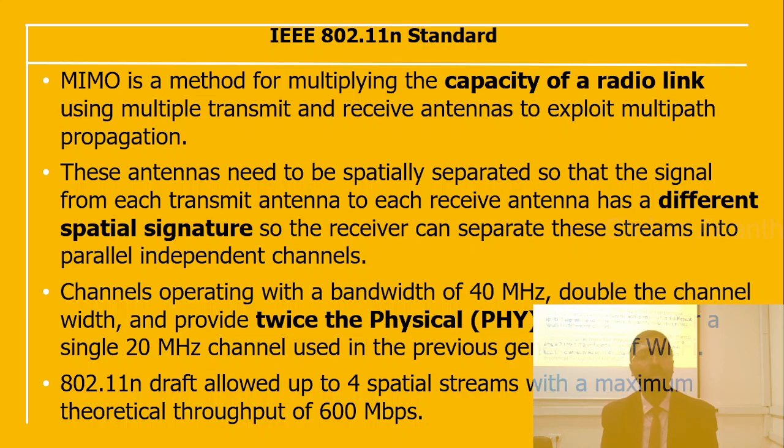The 802.11n draft allowed up to 4 spatial streams with a maximum theoretical throughput of 600 Mbps.